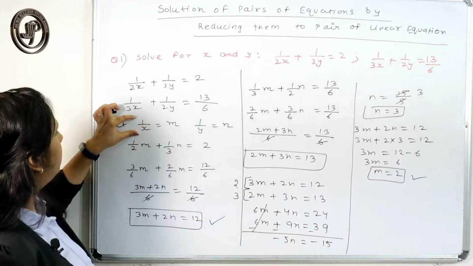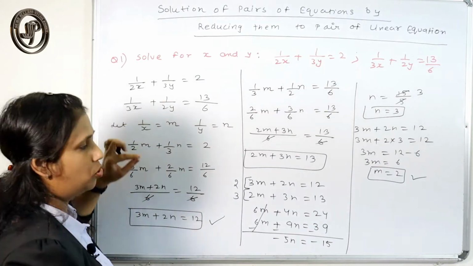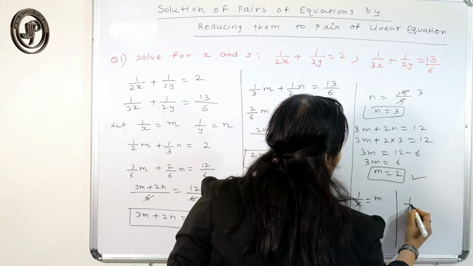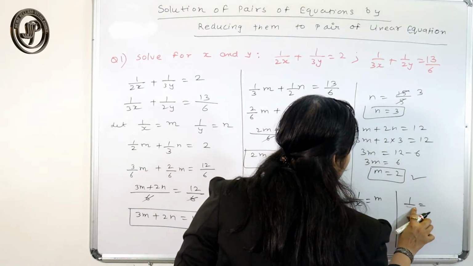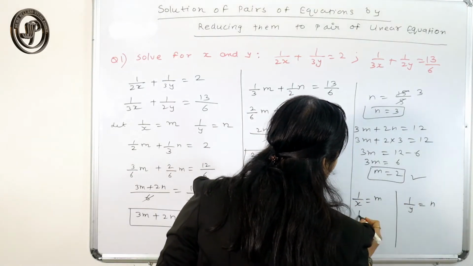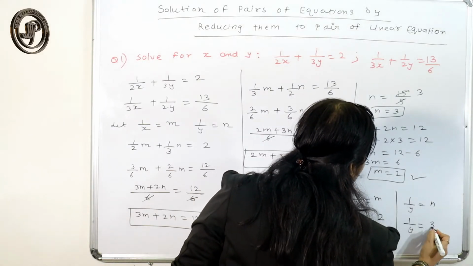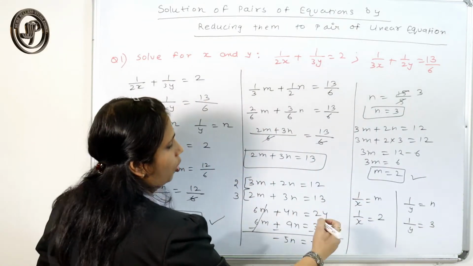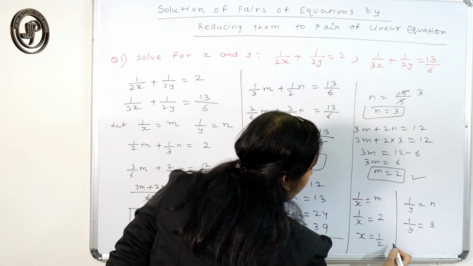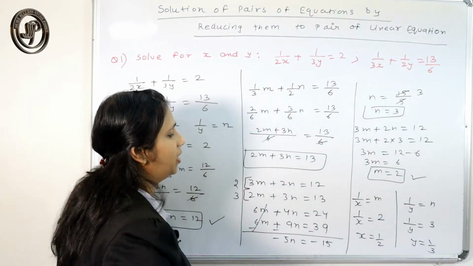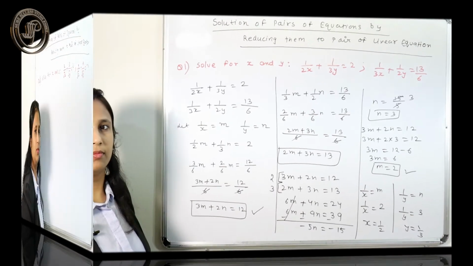So, here is the thing that you have substituted: 1 upon x was your m, 1 upon y was your n. Now put m is 2 and n is 3. Now if you do cross multiplication, you will get x is 1 by 2 and y is 1 by 3. So that is the answer.